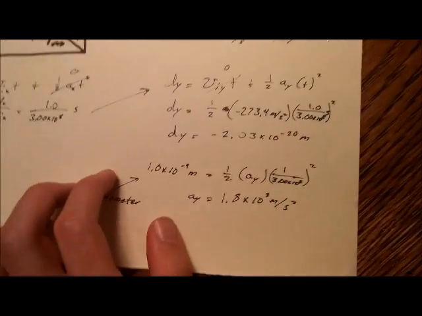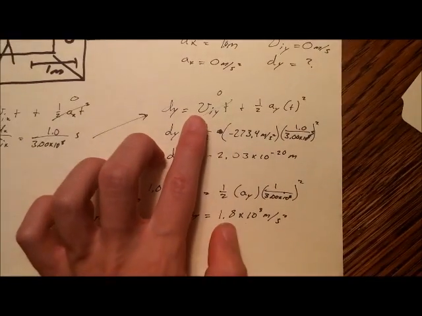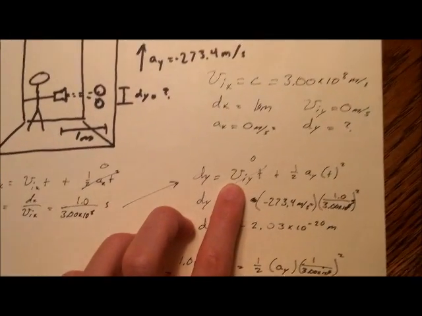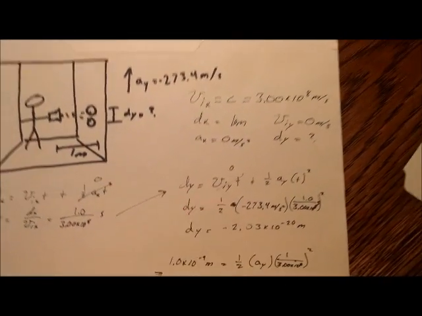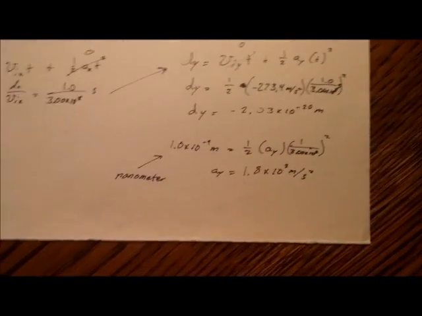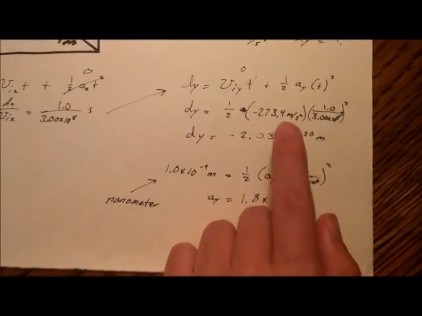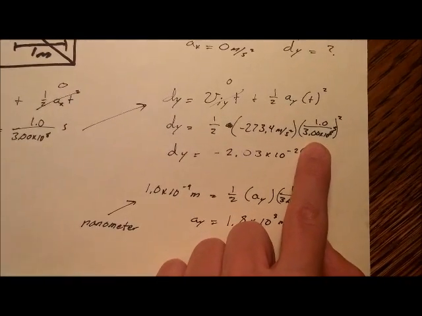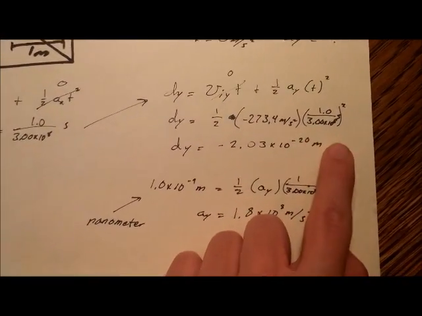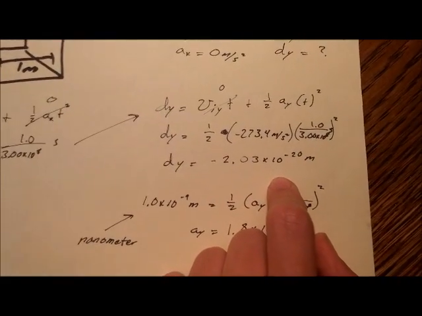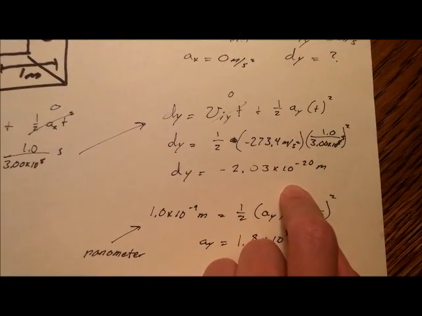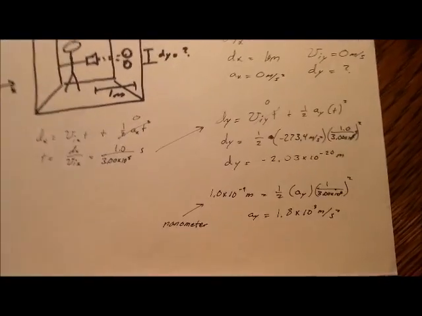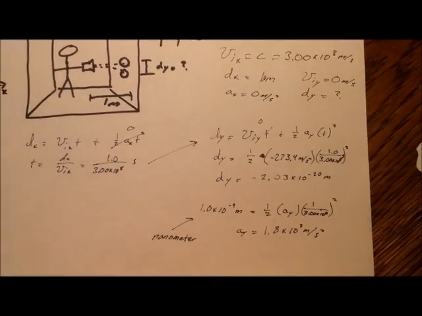And so we get vi of y times t, and since vi of y is 0, that term is 0. And then 1/2 times the acceleration due to gravity of the sun, times the time squared, is negative 2.03 times 10 to the negative 20th meter. And that is so insignificant that we can't detect it at all.